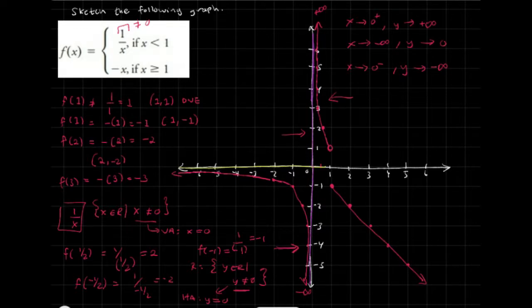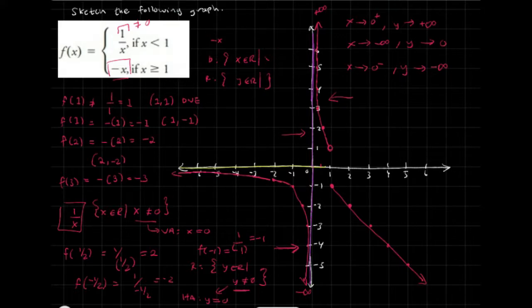And we can notice here that the restrictions of one portion of the piecewise function can be applied for the whole thing. If we look at the second portion of the piecewise function, the negative x, the domain here, x belongs to all real numbers, and y belongs to all real numbers, as long as x is greater than or equal to 1, right? So we want to include that.